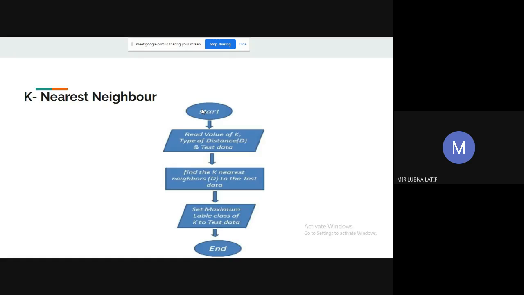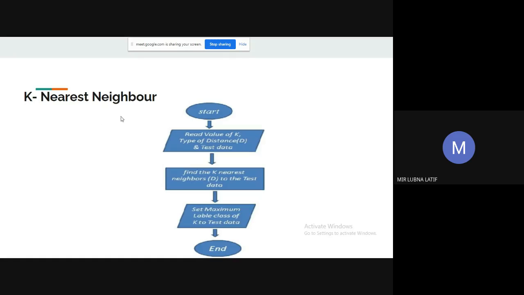If a small value of k is taken, then it will influence the result more.